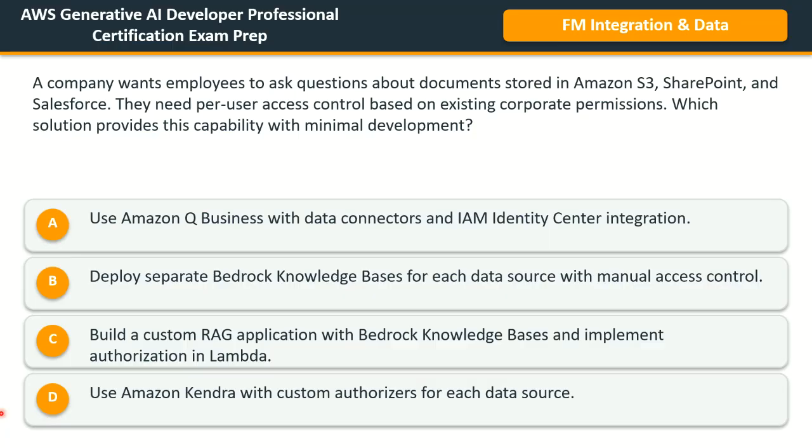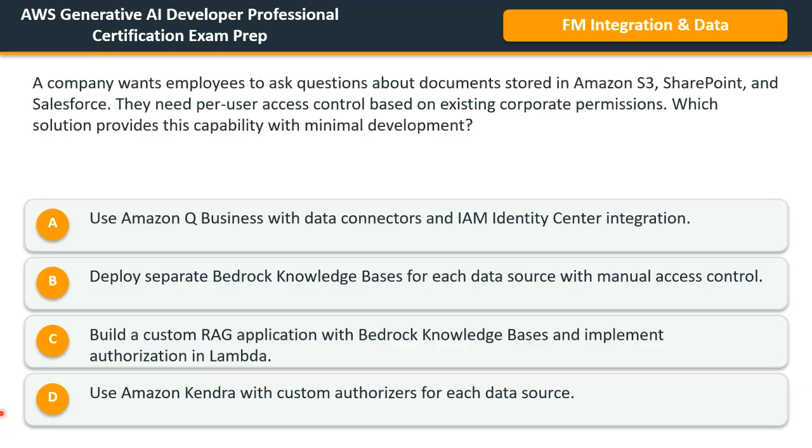This is an enterprise document Q&A question. The requirements are multiple enterprise data sources, per user access control, respect existing permissions, minimal development effort. That is exactly what Amazon Q Business is designed to do.